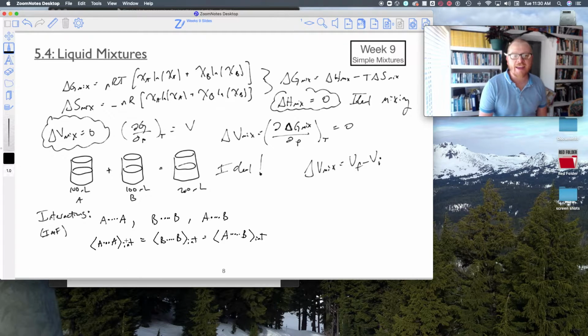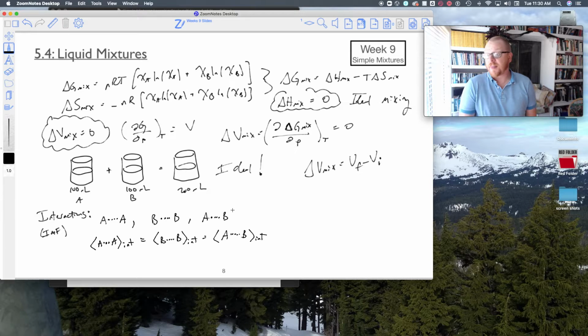So if A can hydrogen bond to another A, and B can hydrogen bond to another B, then we could conclude that A will likely hydrogen bond to a B, and thus all of those interactions will be roughly the same, and this would be ideal, okay?